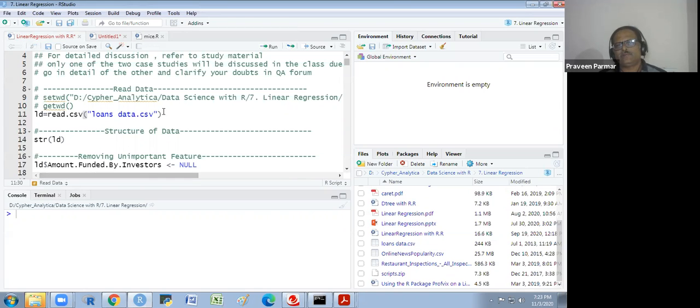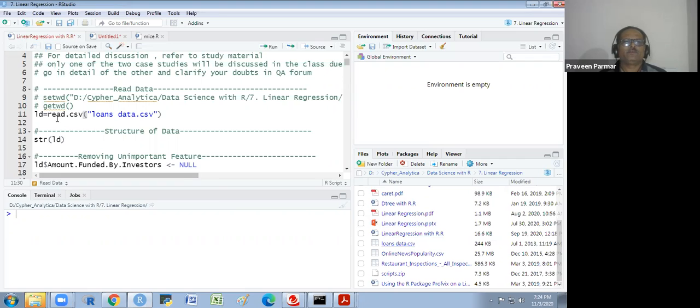So we have one data set which is our loans data, and we are going to start this. We read this data first. I will use read.csv, because it is a CSV format file.